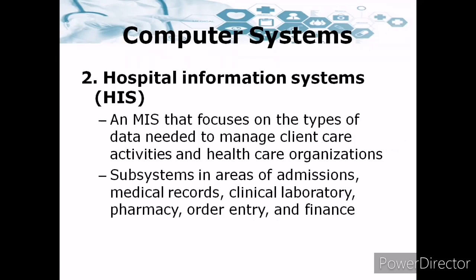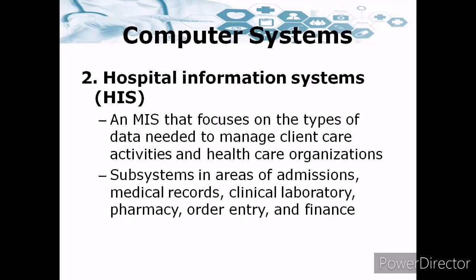It is an MIS that focuses on the types of data needed to manage client care activities and healthcare organizations. So the focus here is to manage client care and healthcare organizations. It becomes a hospital information system if it is focused on client care.